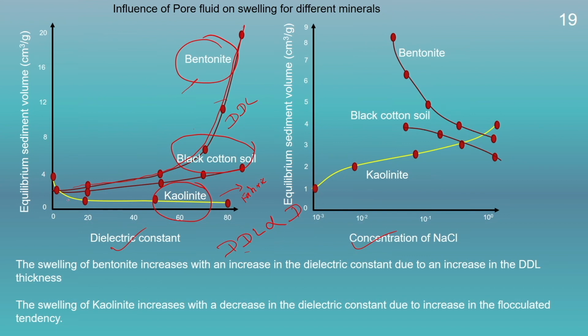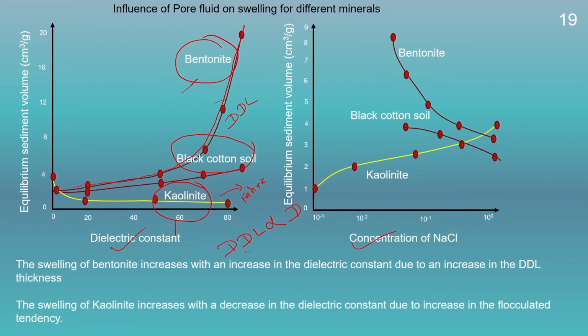But a reverse trend can be seen for kaolinite. Kaolinite shows that with increase in the dielectric constant, the volume of the soil is decreasing, or at low dielectric constant, the kaolinite will have a very high value of swelling in comparison to a high dielectric constant.